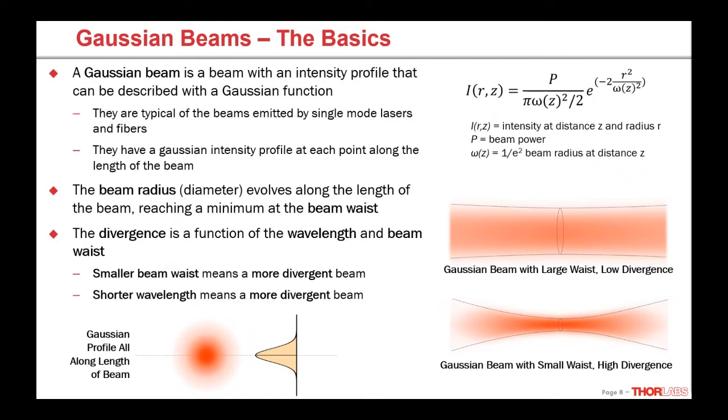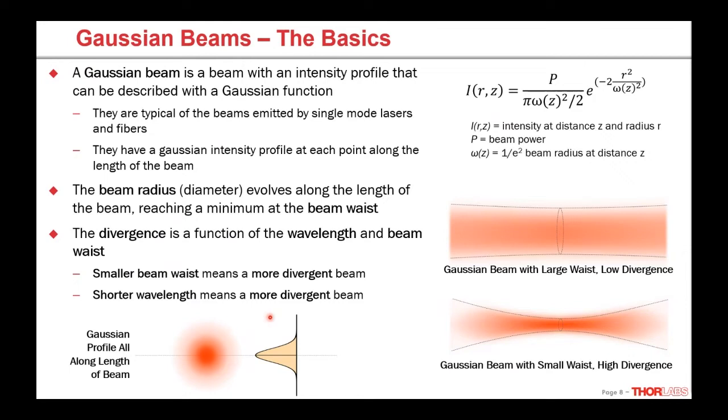A Gaussian beam, speaking generally, is any kind of beam with a Gaussian intensity profile, or an intensity profile that can be described by this equation here. What that intensity profile looks like is what we see here. And we would see this intensity profile at any point along the beam. You're going to get the same shape of that intensity profile.